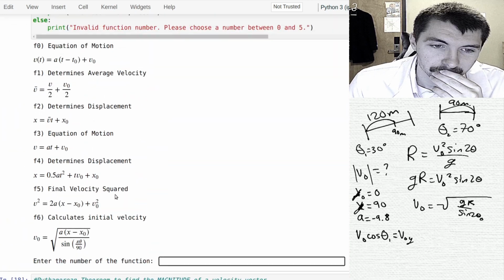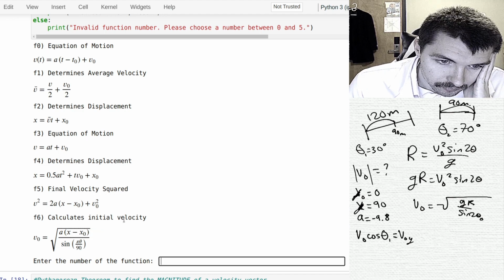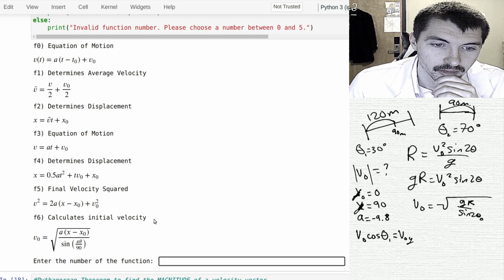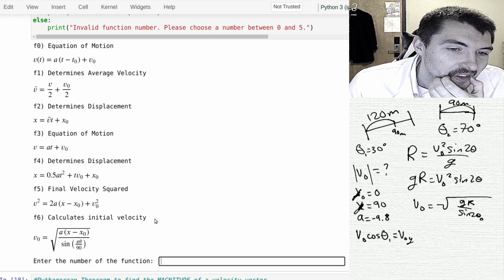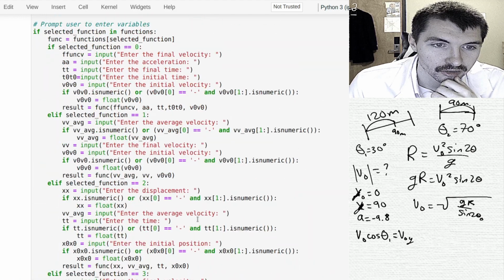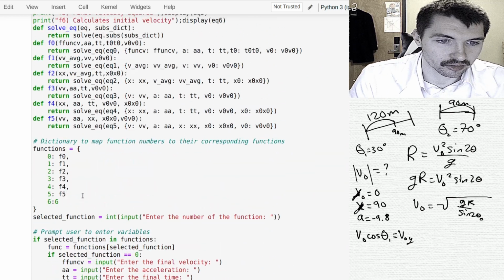We're going to do equation 6. We still have to add it. So 6 is F6.